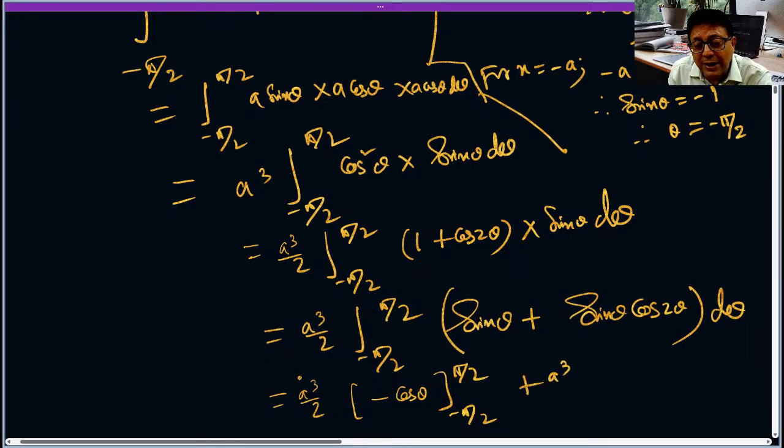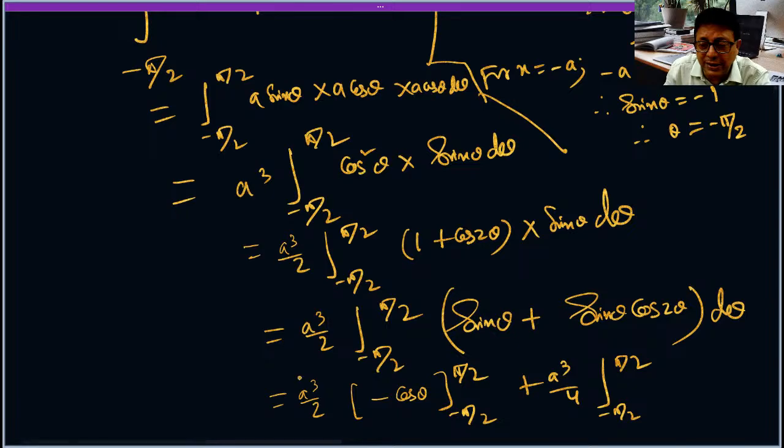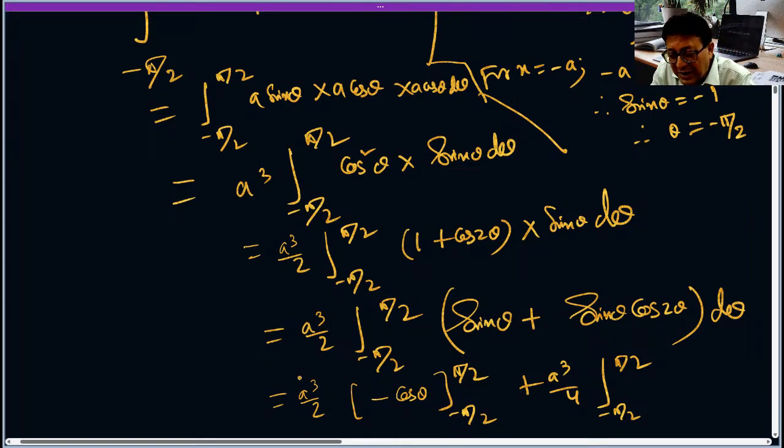And the second one you write a cube by 4, 2 sin theta cos 2 theta. That is, 2 sin A cos B is what? Sin A plus B plus sin A minus B. Minus if you write, then change you have to do here. Sin A plus B minus sin, isn't it? This is correct, no? This only you are trying to say.